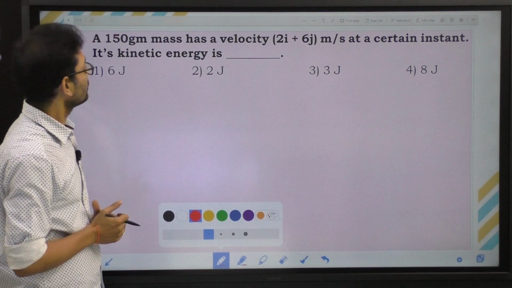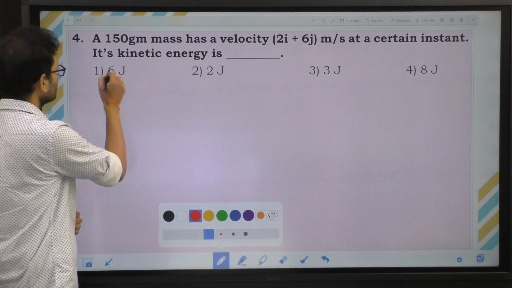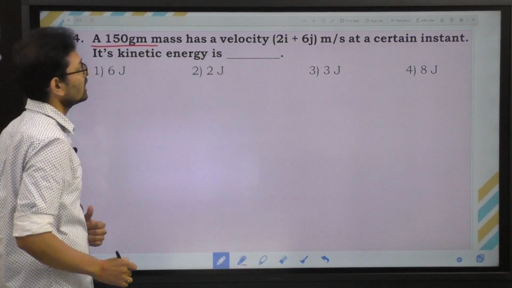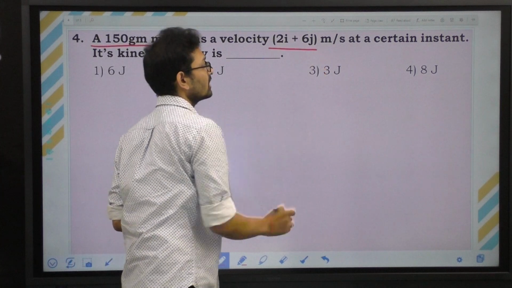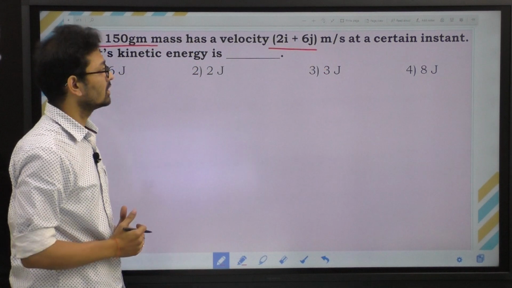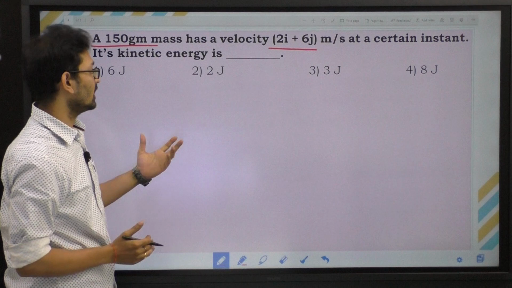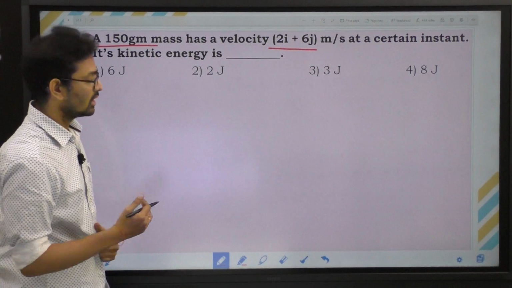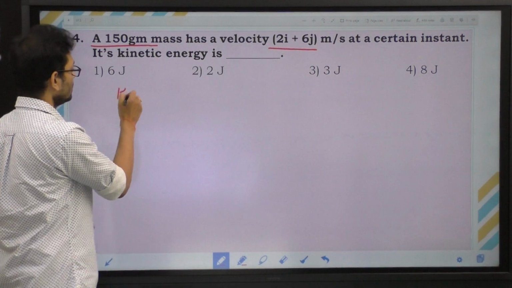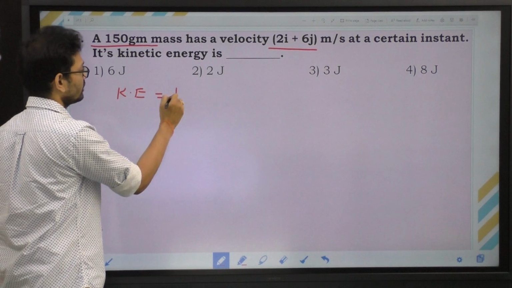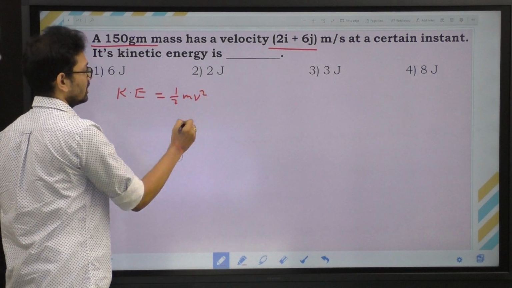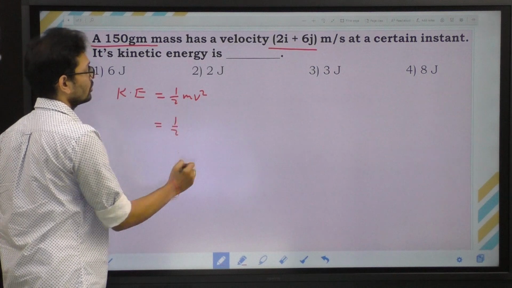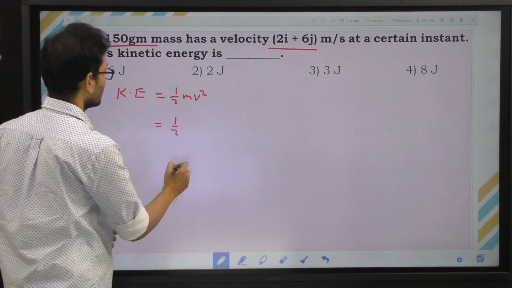Now the given data is: we have 150 grams of mass and velocity is given in vector form, that is 2i cap plus 6j cap meter per second, at a certain instant of kinetic energy. From the formula of kinetic energy, KE is equal to half mv square, right? What is the m over here? 150 grams.